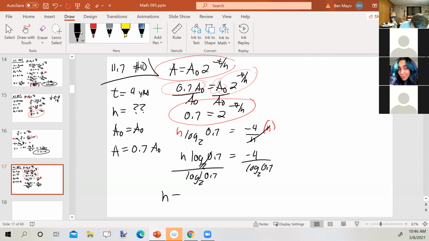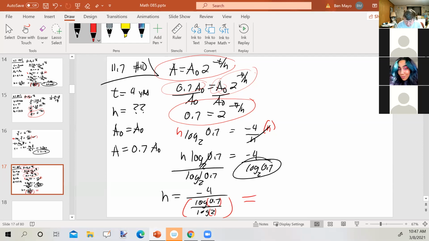So h equals -4 divided by, and I'm going to use the change of base formula, log of 0.7 over log of 2. And again, I'm going to need parentheses around the whole denominator, around the 0.7 and around the 2. So this is very much like what we did a minute or two ago.